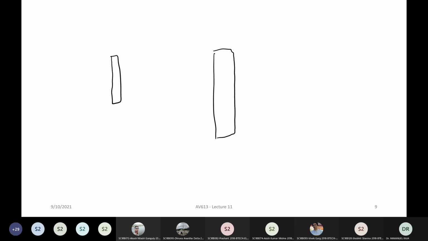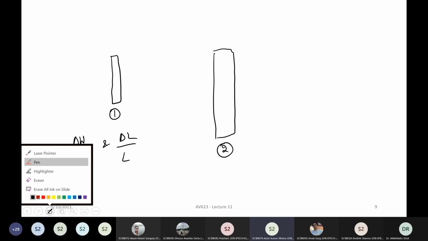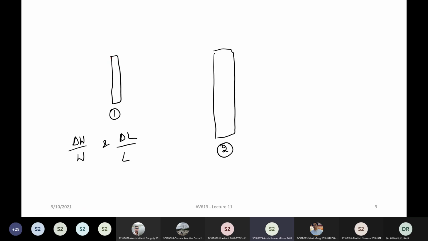Now, if you were to talk about delta W by W and delta L by L for device 1 and device 2, where the dimensions are different, which of the two will have lower variation? The second one, right? Why is that the case? Delta L will be almost similar for both. L will be more for 2.